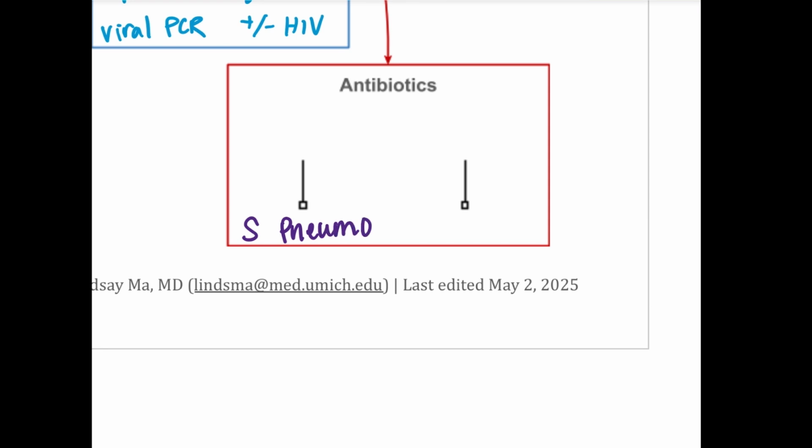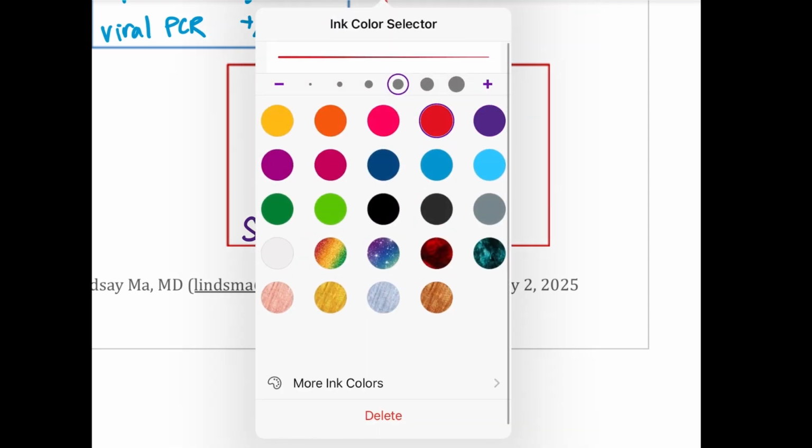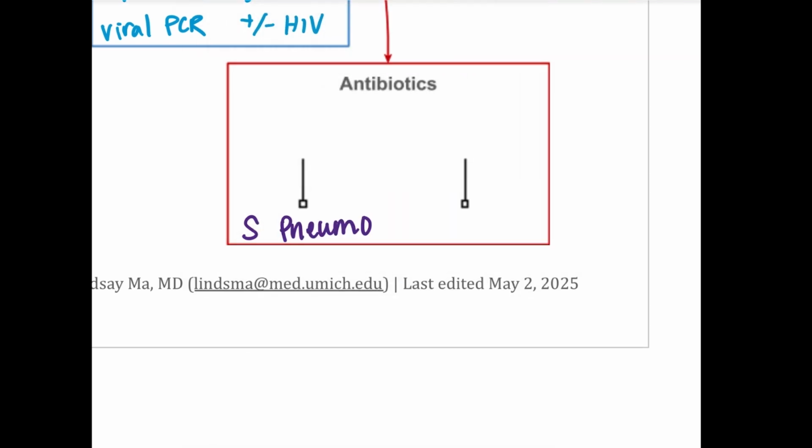And I'll put it in purple since it's a gram-positive organism. The medication that we'd want to use for strep pneumo is some type of beta-lactam. An example would be ceftriaxone. And then there is actually a second antibiotic that we give at this time, and it would be a macrolide.